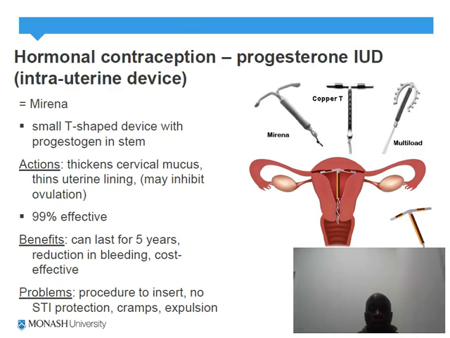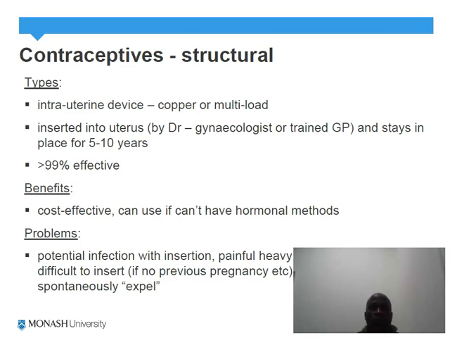As you can see in the picture, it requires quite a lot of procedure. There is no STI protection, and the individual may experience cramps and sometimes expulsion. So there is likelihood of expulsion of the device, and the patient must be aware of that.